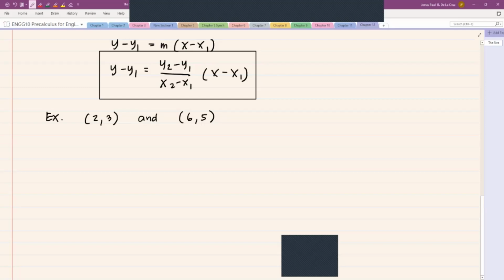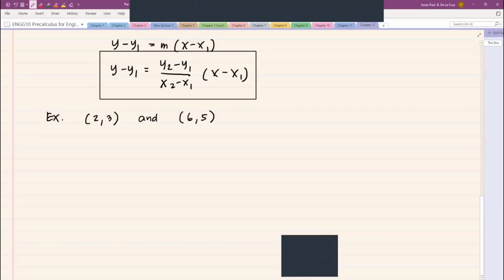So, substituting doon sa formula natin for the 2-point form, we have y minus y1, that's 3. Ito yung y of the first point, di ba? Is equal to (y2 minus y1), that's 5 minus 3, over (x2 minus x1), that's 6 minus 2, multiplied by x minus x1, that's 2.